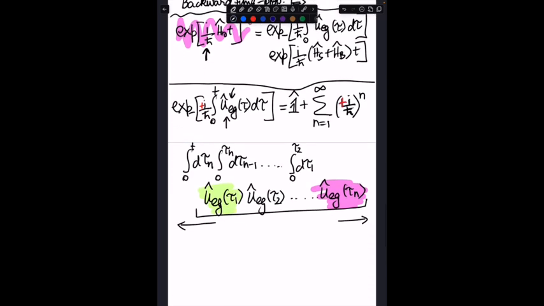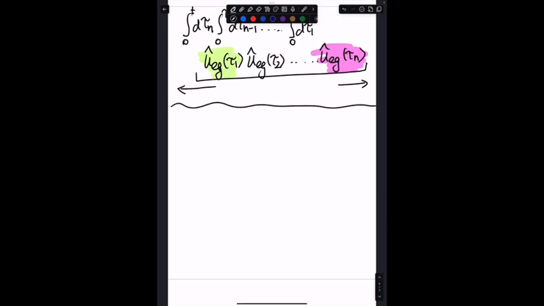Just to finalize our thought: if you have exponential minus i upon h bar H0 t, and you take a Hermitian conjugate of this, you derive your backward time propagator.